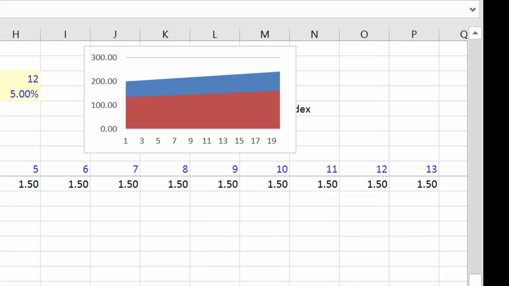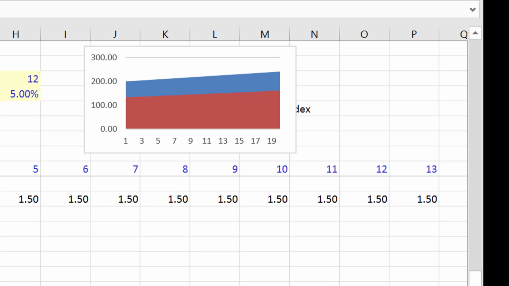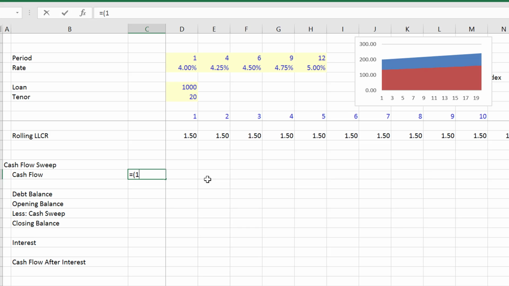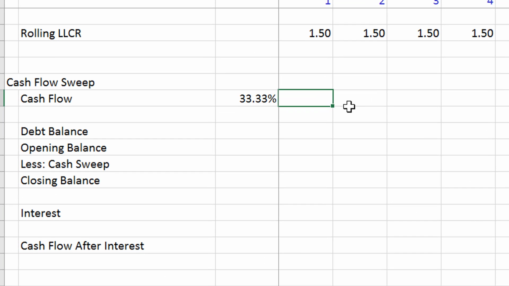Now, I'm violating a rule, I'm going too long. But I want to demonstrate that if we have an LLCR of 1.5, and then I use this little formula, LLCR minus 1 divided by LLCR, that says our cash flow can go down by 33%.